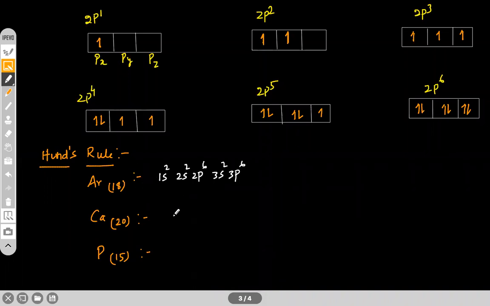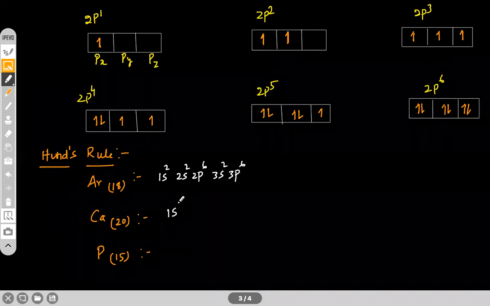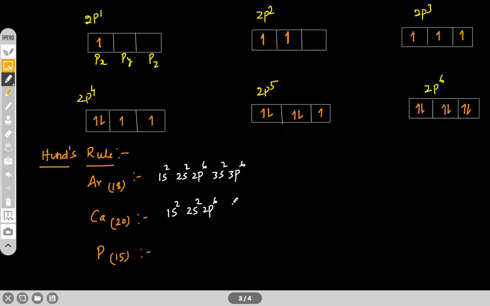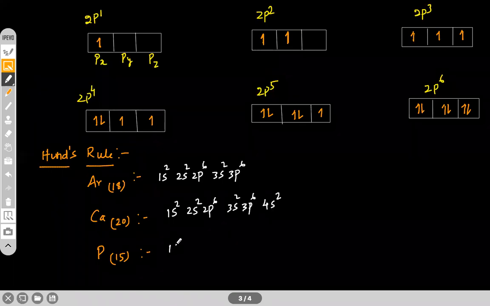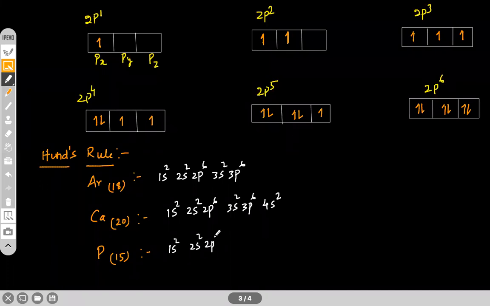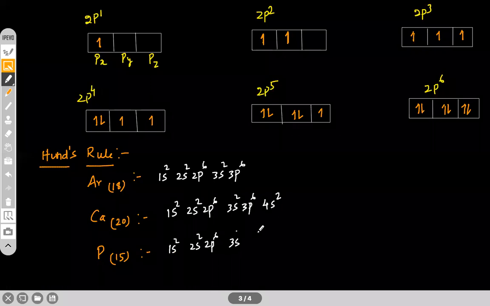Okay, this one is 1s2, 2s2, 2p6, 3s2, 3p6, then 4s2. Then 1s2, 2s2, 2p6, 3s2, 3p3.